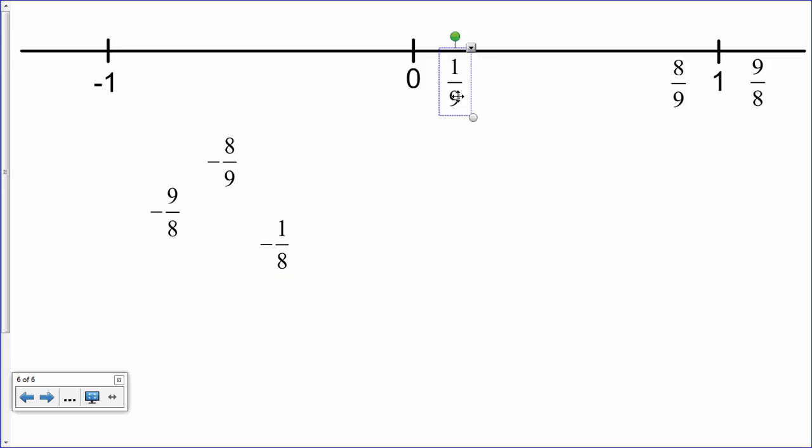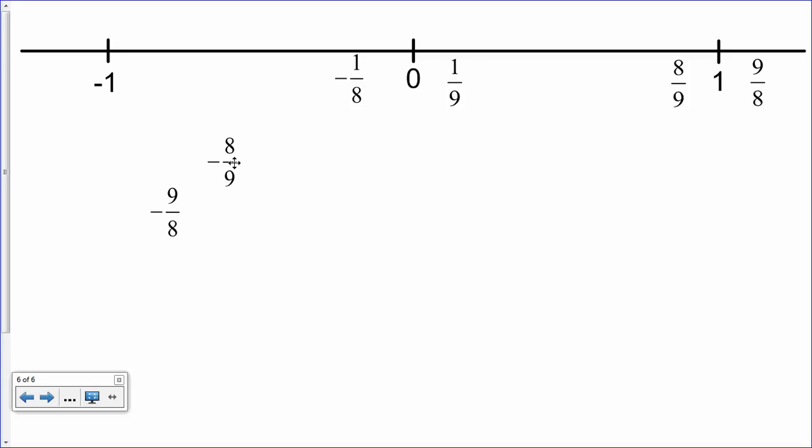How would 1/8 compare to 1/9? If the pizza's cut into 9 slices, those slices are going to be smaller than 1/8 slices. So positive 1/8 would be just barely to the right of 1/9. Well, negative 1/8 will be 1/8 less than 0.